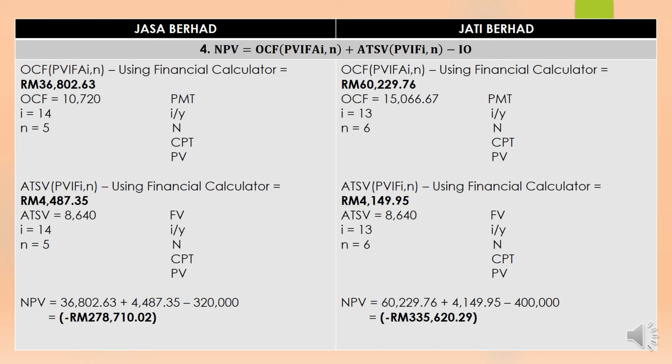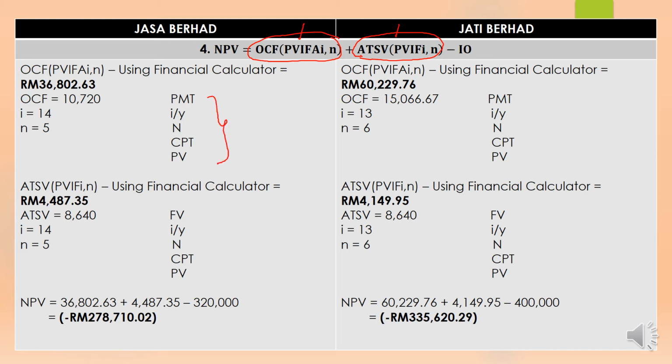Based on the formula, the NPV is OCF times PVIFA(I,N), plus ATSV times PVIF(I,N), minus IO. Both parts of this equation will be calculated using a financial calculator. At first, we will calculate OCF times PVIFA(I,N) using the financial calculator.